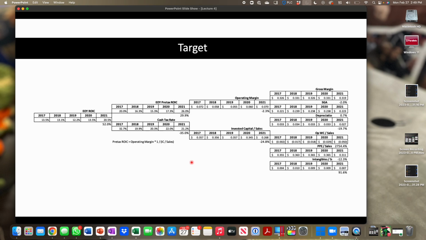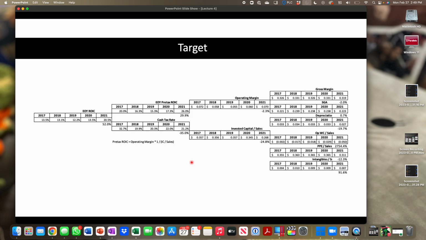So again, what's my story of Target when I go the other way? Highlight it. Target story over the last 5 years is a productivity story driven by the improvement in PP&E to sales primarily, 35.5 to 31.1, which is the primary driver of invested capital to sales going from 35.7 to 26.8.